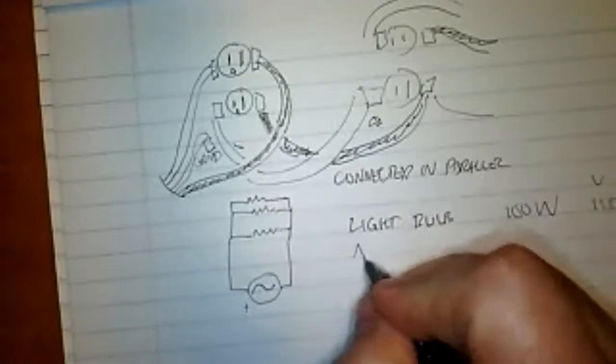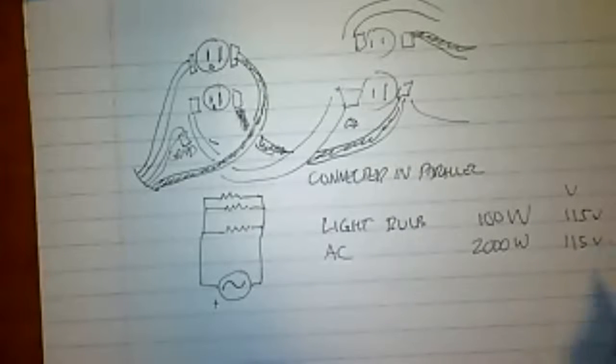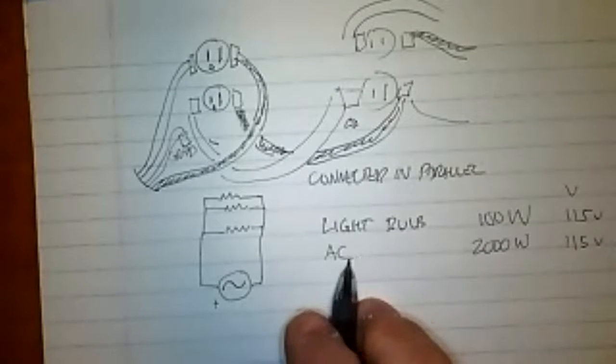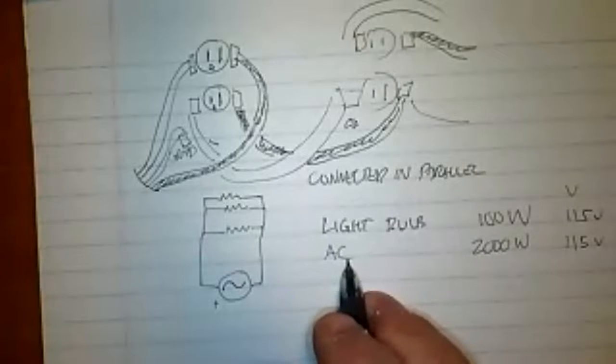Let's say we have air conditioning, an AC unit. That's going to be like 2,000 watts. Again, 115 volts. If you plugged a window AC unit in, you're going to be using 2,000 watts of electricity.